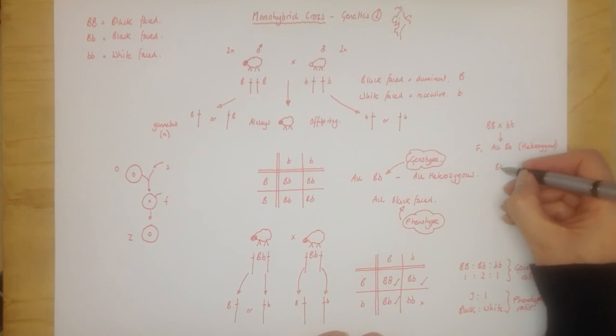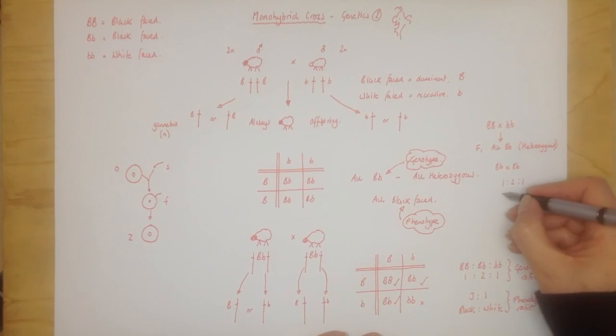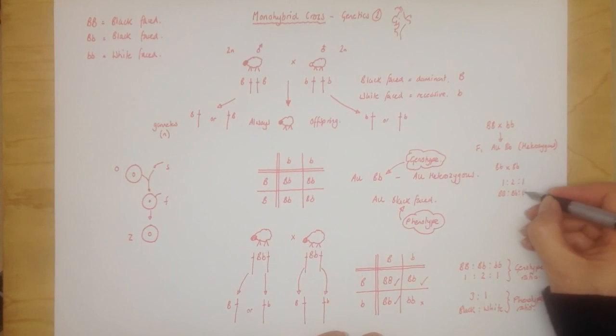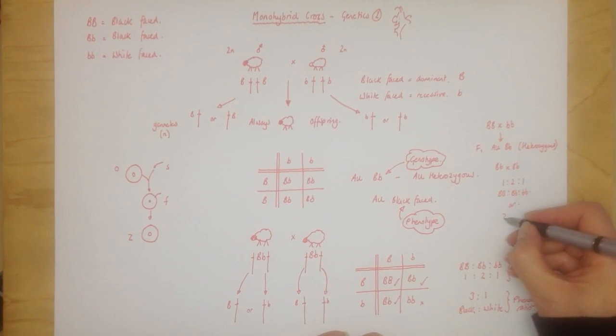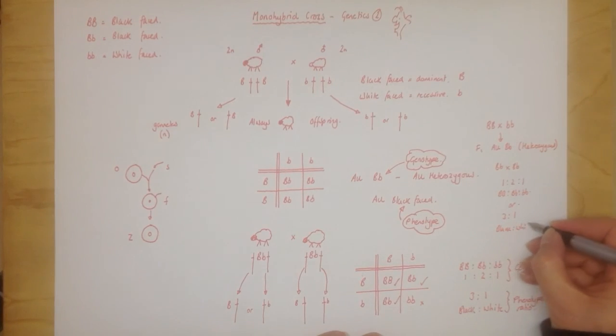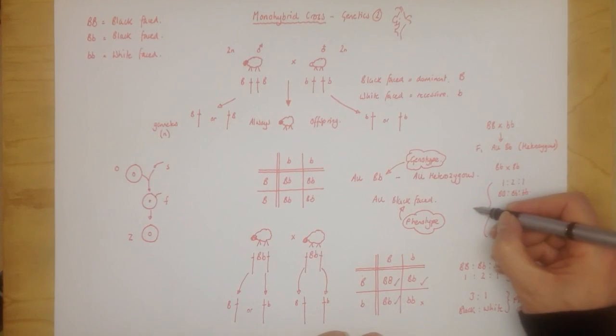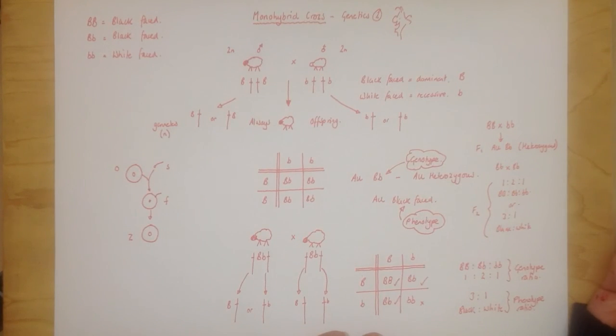Take two of those, big B little b crossed with big B little b, we get 1 to 2 to 1, homozygous dominant, heterozygous, homozygous recessive, or 3 to 1, black to white. And that there is the ratios of the second generation. And whatever genetic cross you do at GCSE, it's always the same pattern.